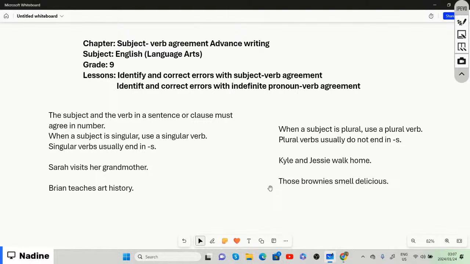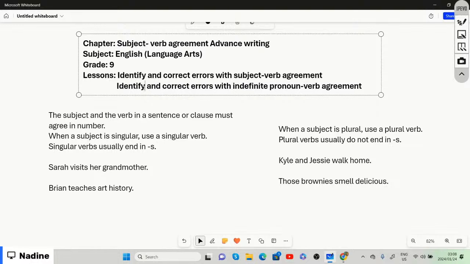And the lessons that we're going to be focusing on are to identify and correct errors with subject verb agreement, and to identify and correct errors with indefinite pronoun verb agreement.